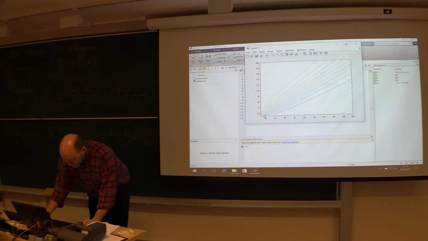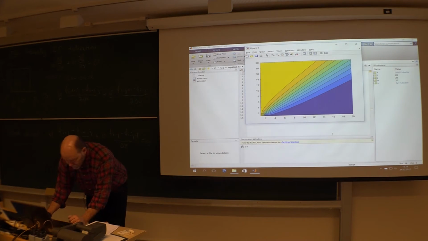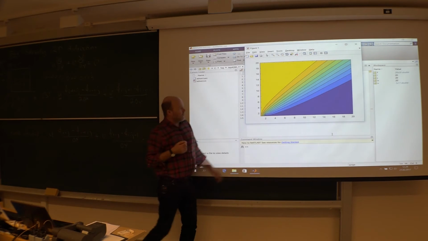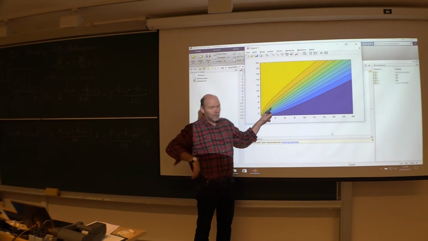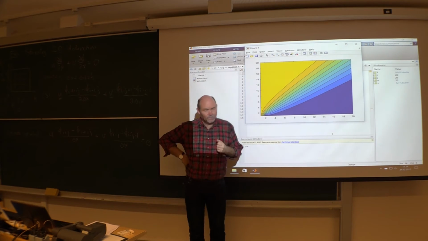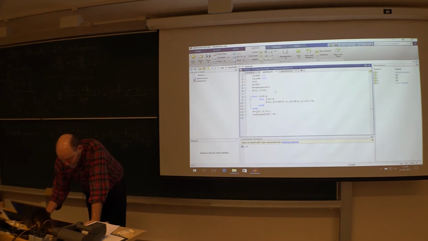If you want it a little bit more colorful, you just write contour F, is it? Then it's filled. So we have a smearing effect, and this should not be present. We should have a sharp jump here, and you don't get it. You can of course increase the number of cells.